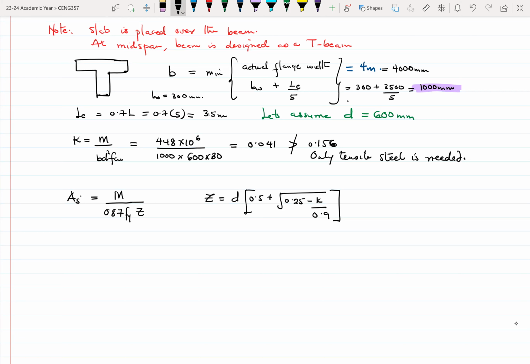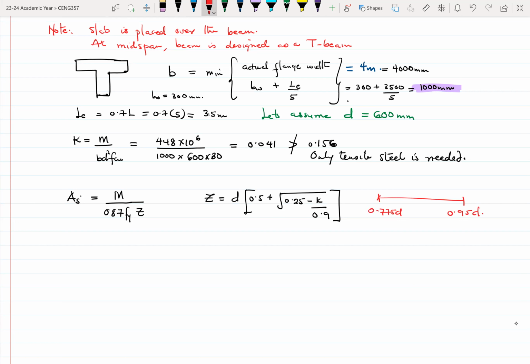I don't think I mentioned that earlier, but Z ranges between these limits, 0.775D and 0.95D. So this is the highest we can have Z to be in, or the lowest.